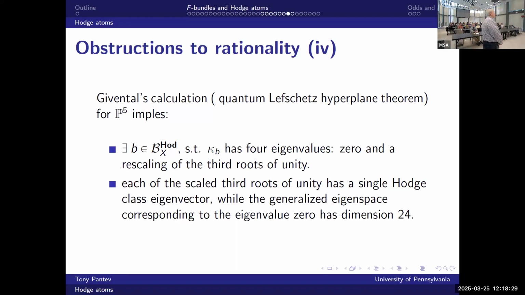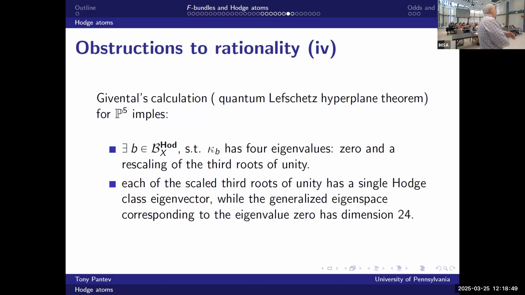But you can find a special point, same way Givental finds a special point in the locus of Hodge classes, so that it's going to be a point that really corresponds to the hyperplane class and all the other 0.